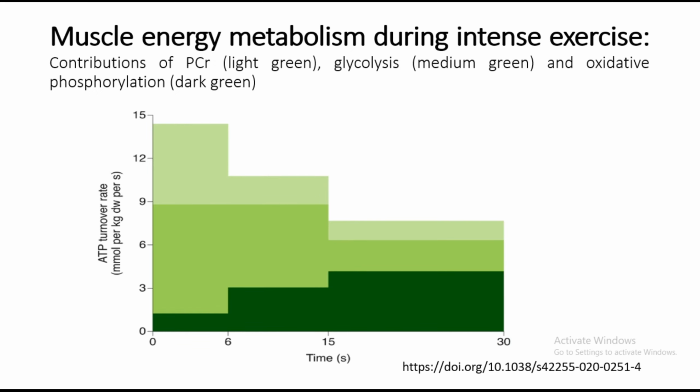And energy metabolism during intense exercise. Suppose a person starts high intensity exercise. Starting from 0 to 6 seconds, 15 seconds, 30 seconds, we can appreciate the ATP turnover contributions.